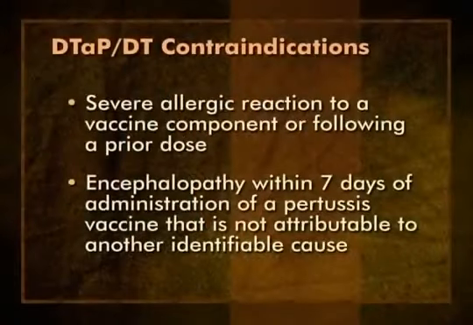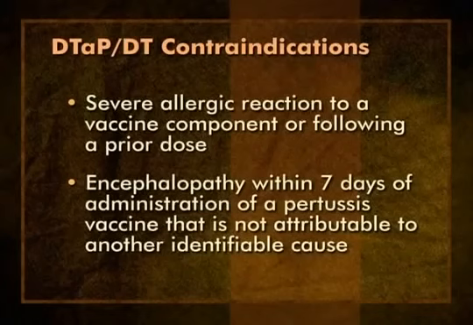In addition to the usual ones, DTaP vaccines have several unique contraindications and precautions. A severe allergic reaction to a vaccine component or following a prior dose is a contraindication to DTaP, pediatric DT, adult Td, and every other vaccine.